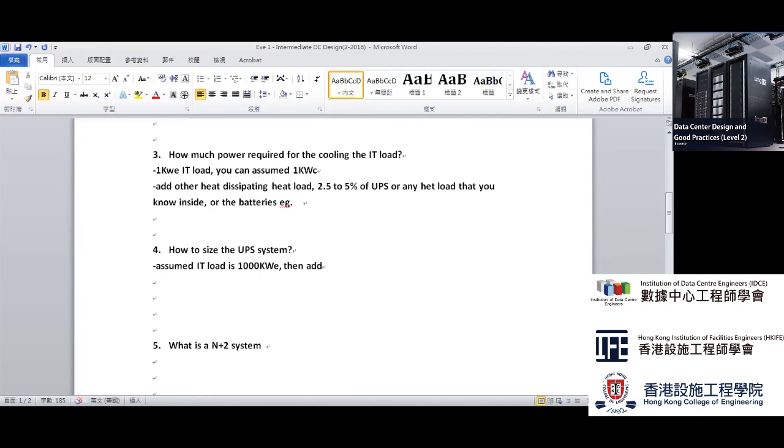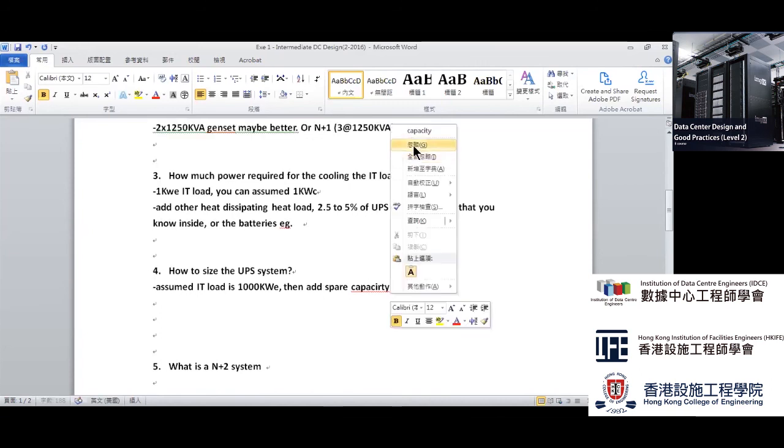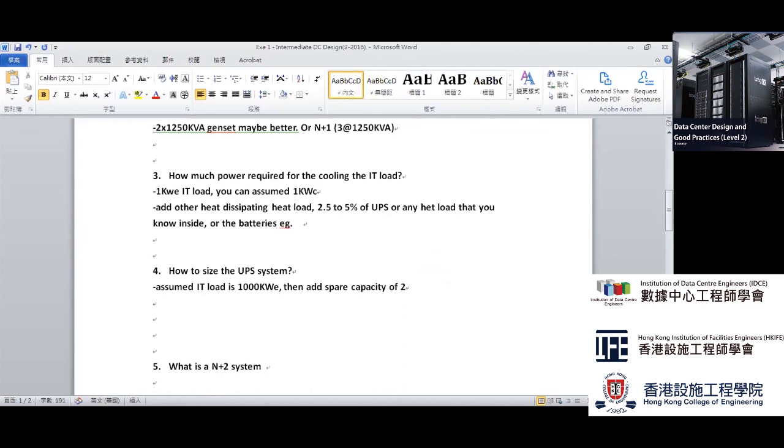Then add spare capacity of say 20%, for example, or add UPS for fire and security or other loads. Right, so make it another 10%, for example.